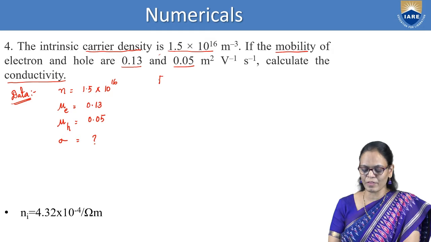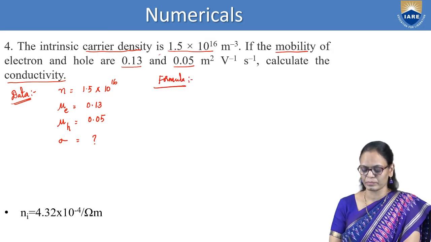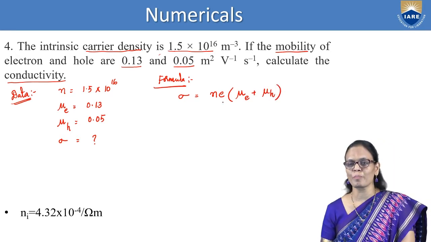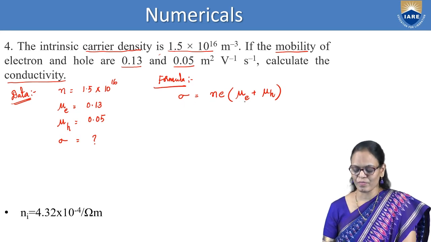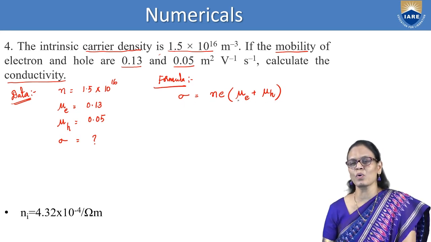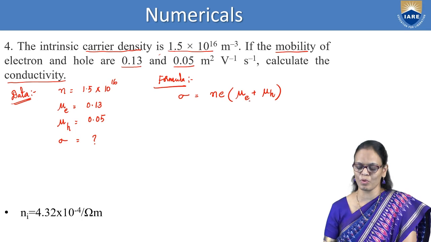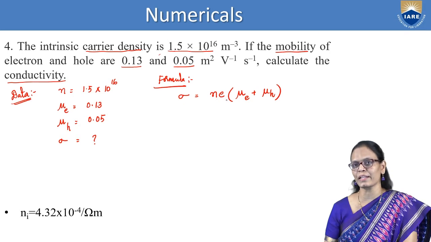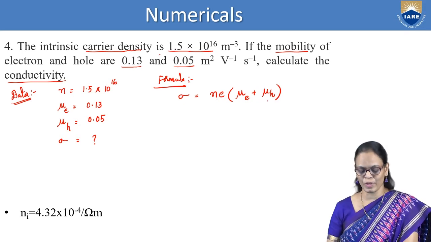So what is the formula we have for sigma, conductivity? Sigma is equal to Ne (mu E plus mu H). This is the formula we have for sigma when we have both electrons and holes as the charge carriers. Both are having mobility. Then the conductivity is due to both. So we modify the formula and write it as Ne (mu E plus mu H).